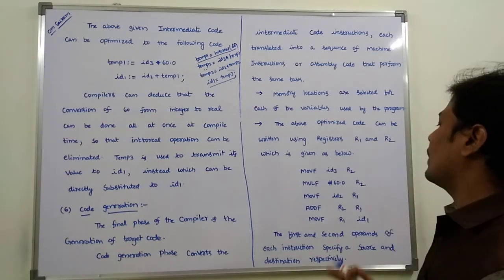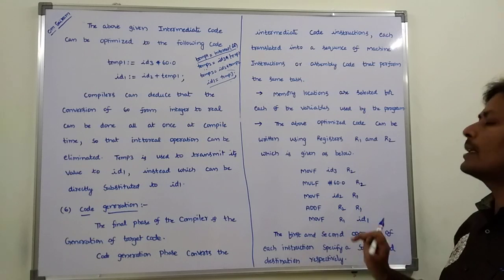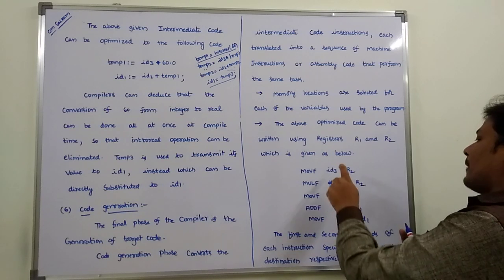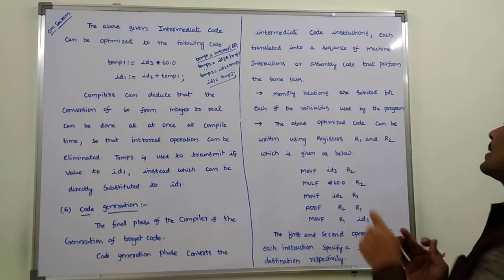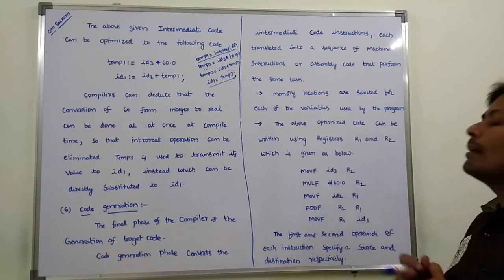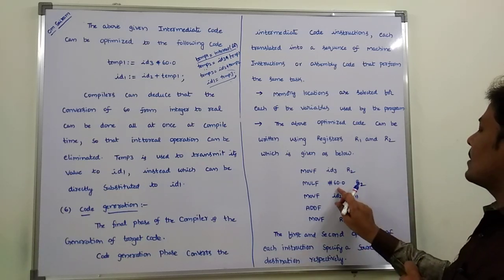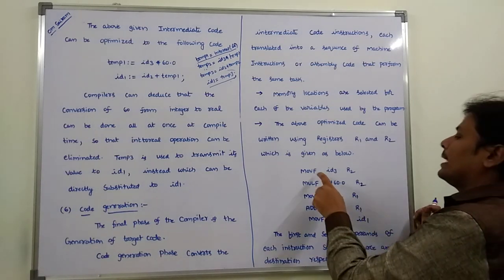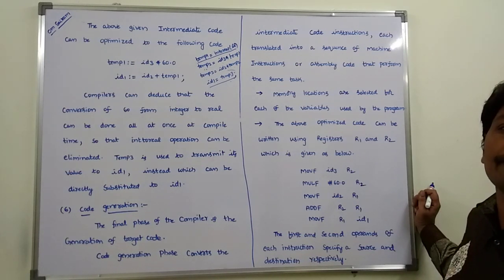In this one, the first operand specifies the source. The second operand represents the destination. Okay, this is the source and this is the destination. Here F denotes that each and every instruction deals with floating point representation.